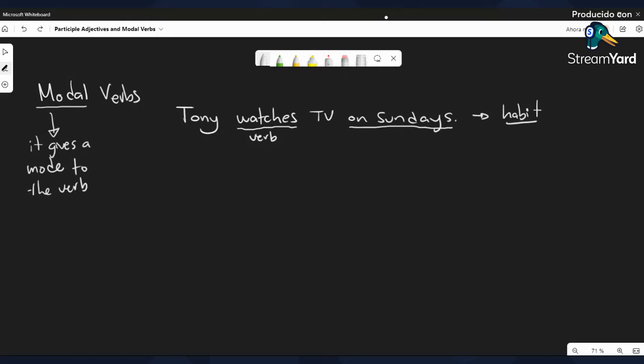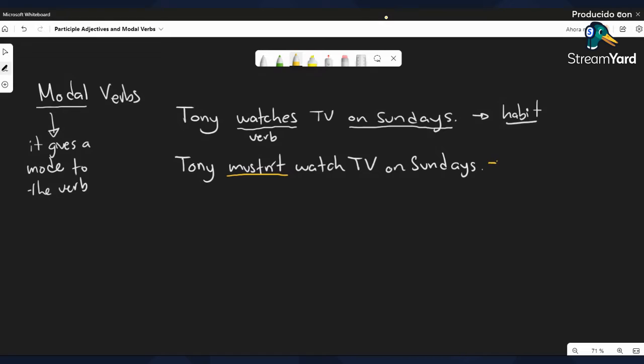But if I use a modal verb, for example, if I say Tony mustn't watch TV on Sundays, you can see I had to add something here. Tony mustn't watch TV on Sundays.